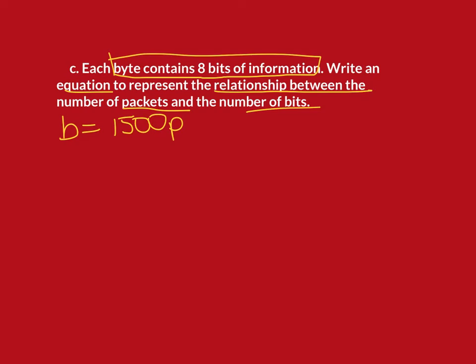Now, remember, we know that B is originally, let B equal the number of bytes. And we're being asked to write an equation for the number of bits. So we most certainly use this information that they've given us right along.